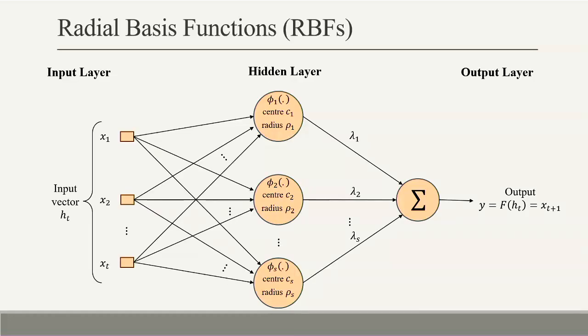Here is the schematic diagram. I have an input, the input vector, which can be in any dimension. I have a hidden layer, which is my basis function here, and I have the output layer, which gives me my prediction of the next value.